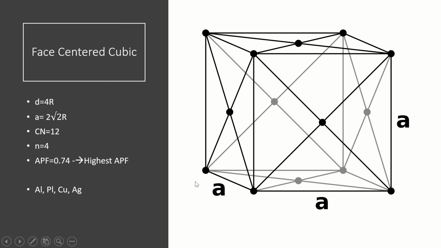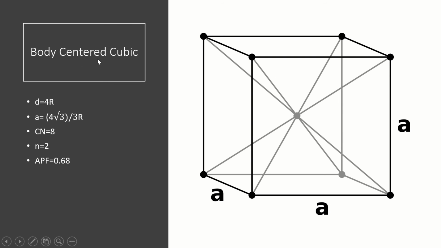So next is the body-centered cubic structure. This is another type of unit cell. It contains a total of 2 atoms, and as with the simple cubic, it also has 1 atom on each corner, and then an additional atom in the center of the unit cell. And just a reminder, metals are composed of only 1 type of atom, so these are all the same atom.